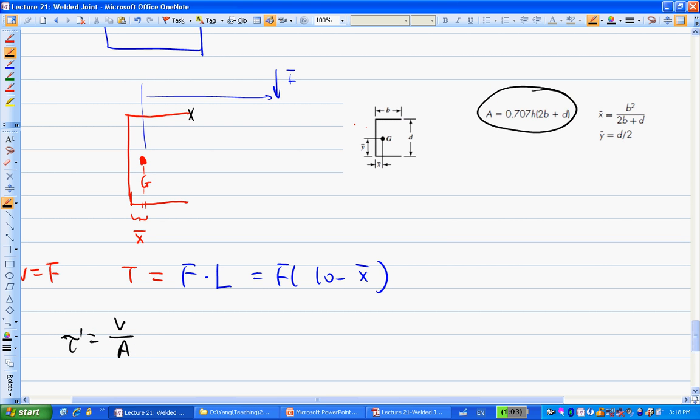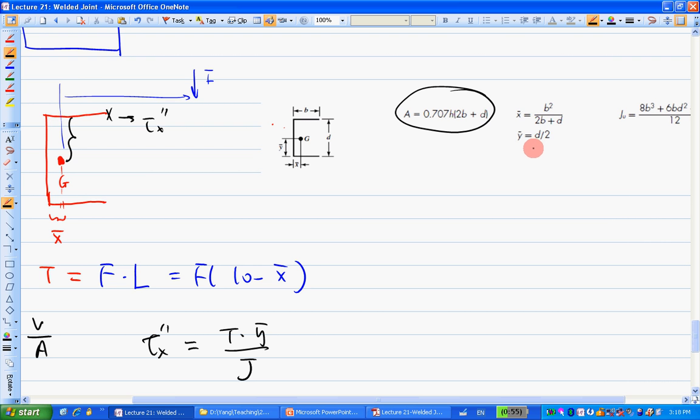So the tau x double prime is going to be T times which portion? This portion, right? This is tau x double prime. This portion is actually half of D. Basically, it's the y bar here, divided by J.